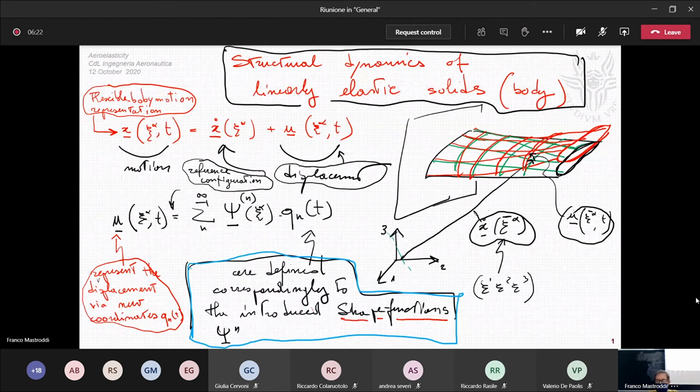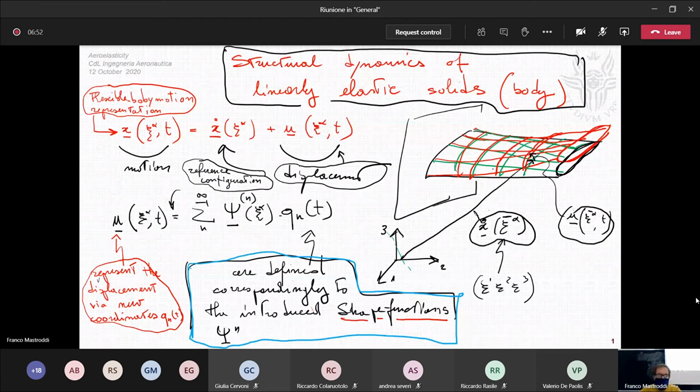So we have the X vector, which is the sum of the reference vector, X0, which is the initial position of the material point, plus the displacement moving the initial position of the point to the deformed configuration.